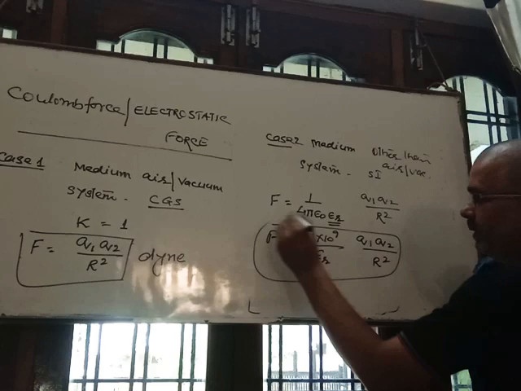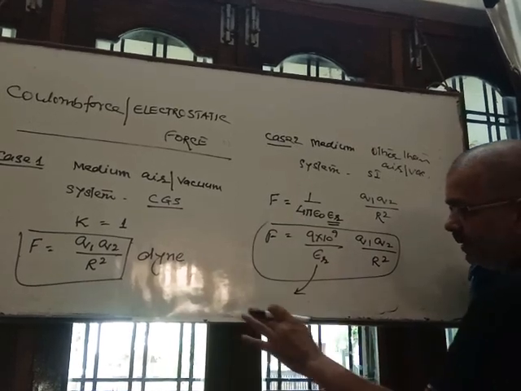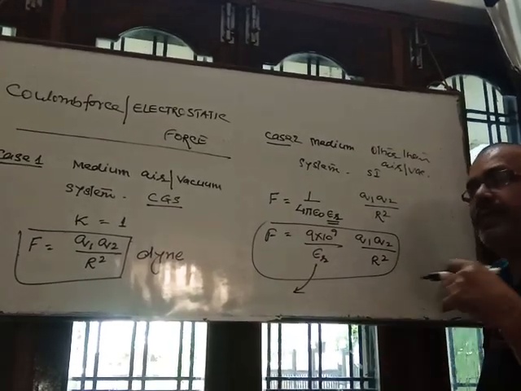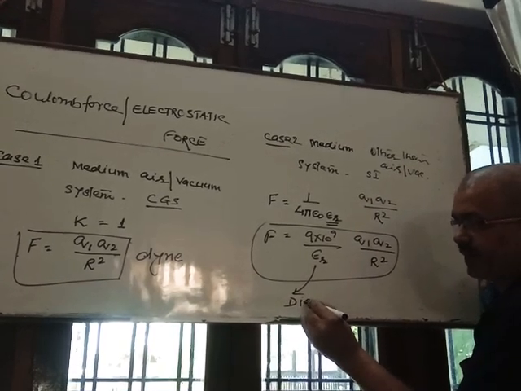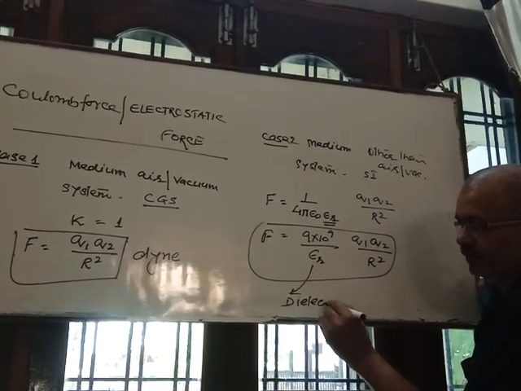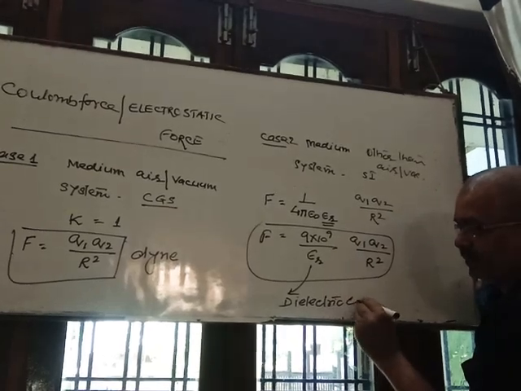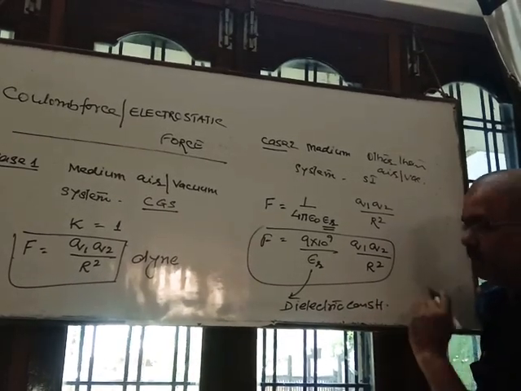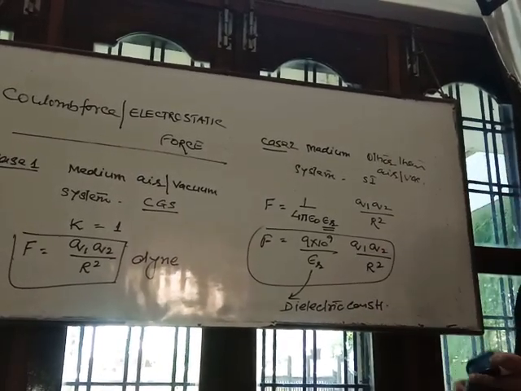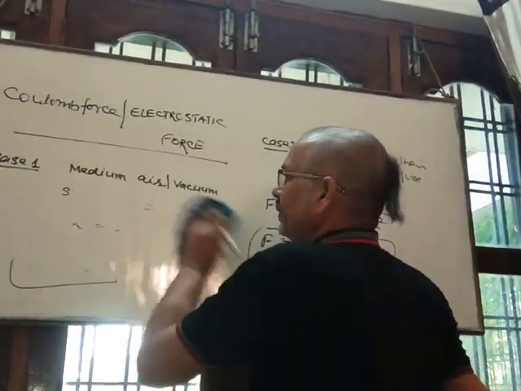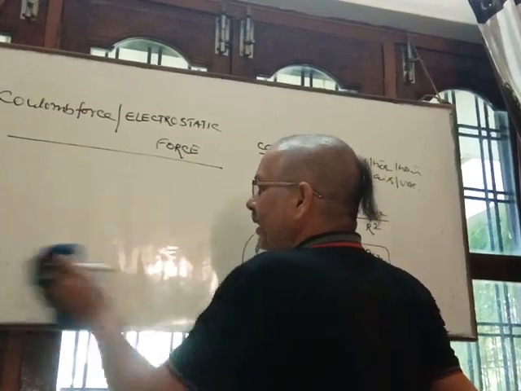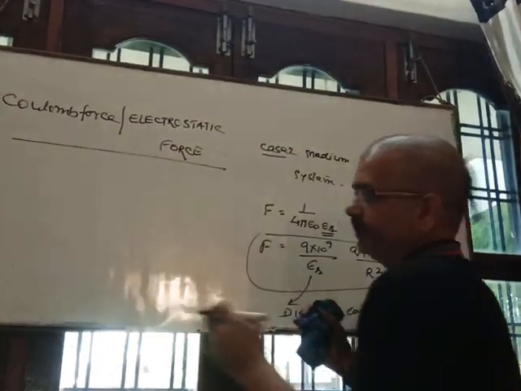Here this epsilon r is called the permittivity of that medium, or it is also called the dielectric constant of that medium, and its value is different for different media. Clear?